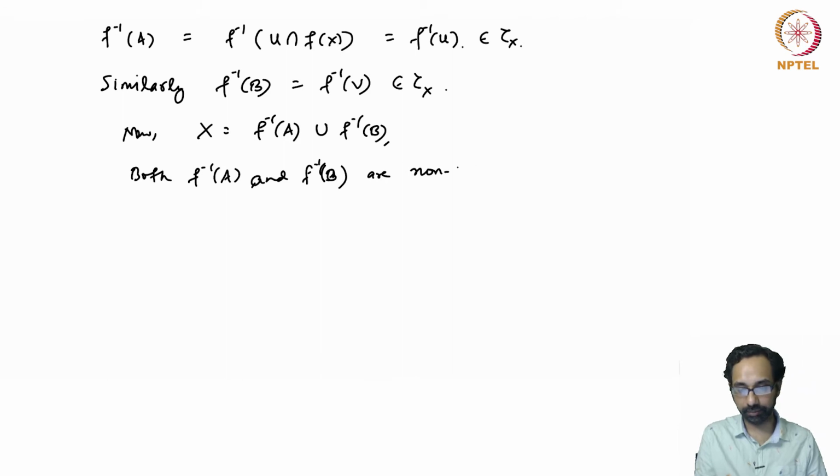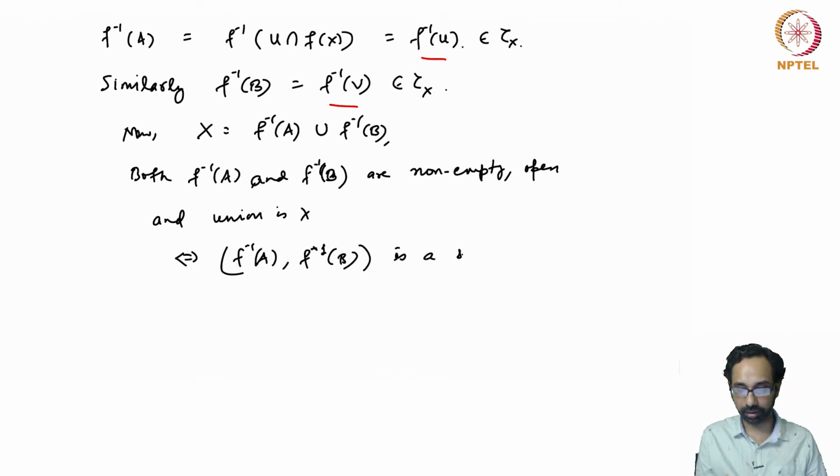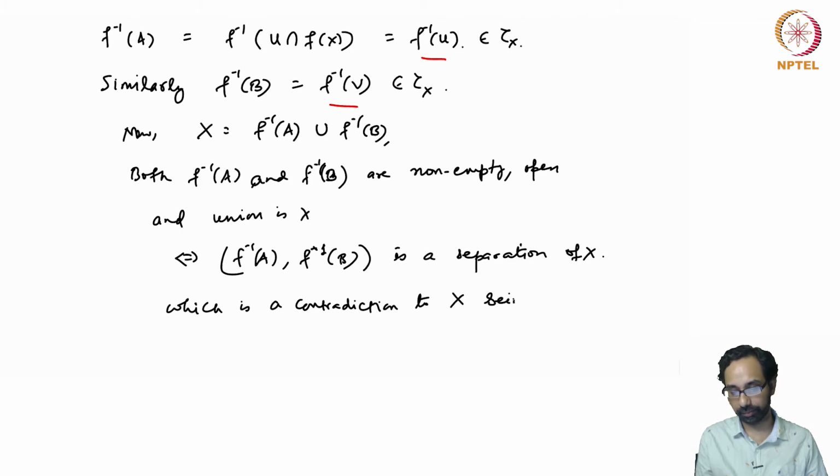We have seen that they are both open, given by open sets, and their union is X, which is the same as saying that f inverse A, f inverse B is a separation of X, which is a contradiction to X being connected.